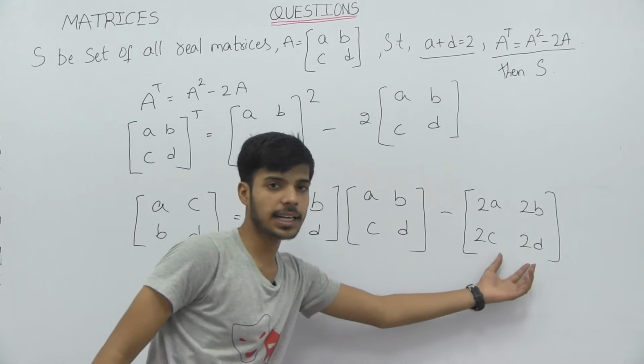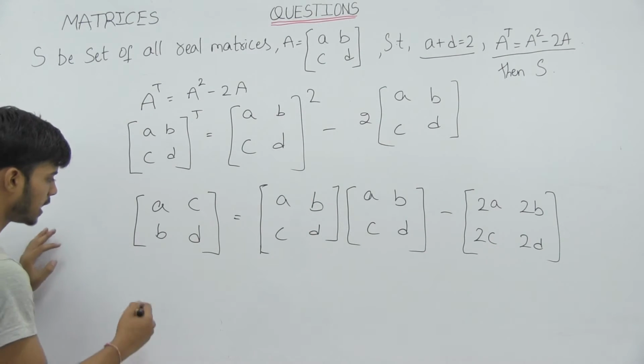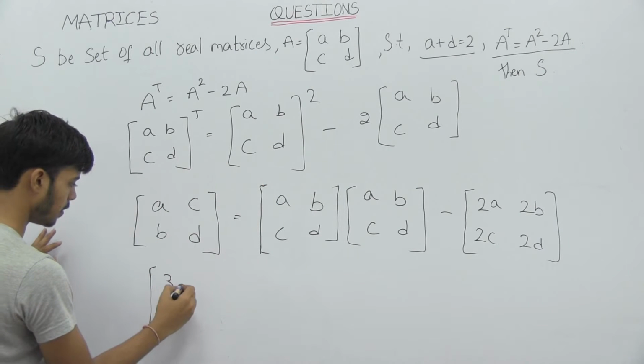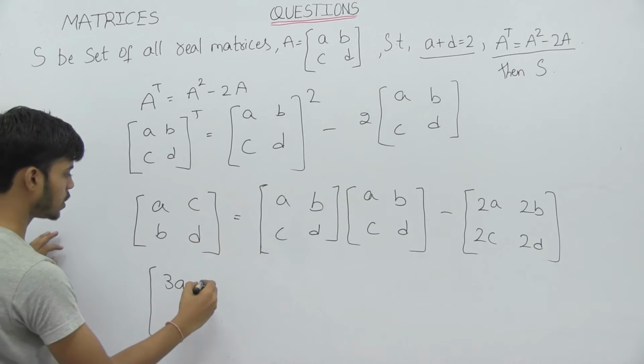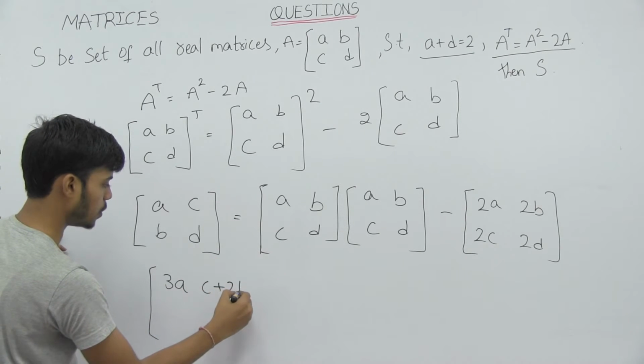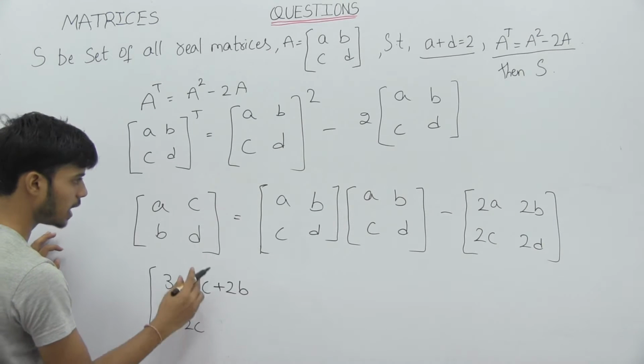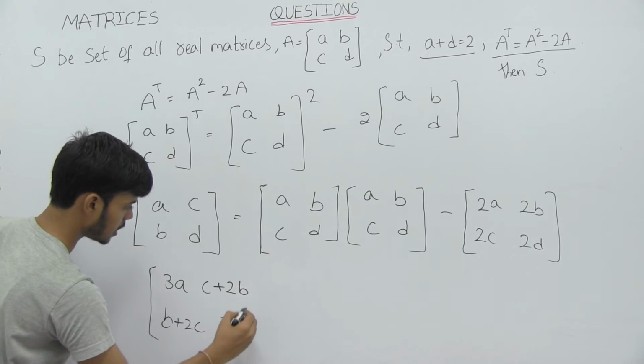Now let's get this term over to this side. Then that would become addition: A plus 2A which is 3A, C plus 2B, B plus 2C, and D plus 2D is 3D.